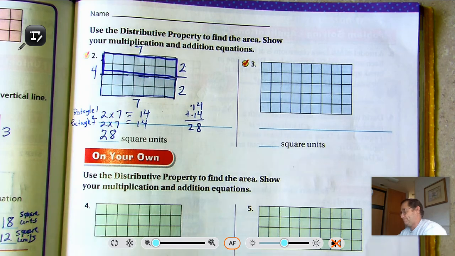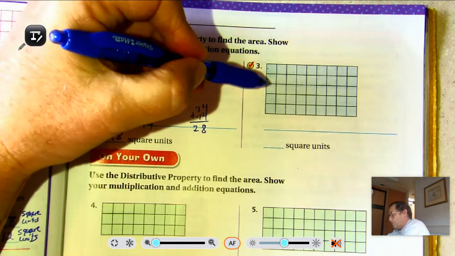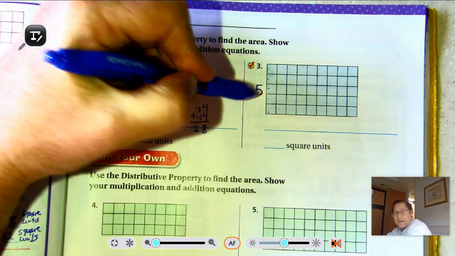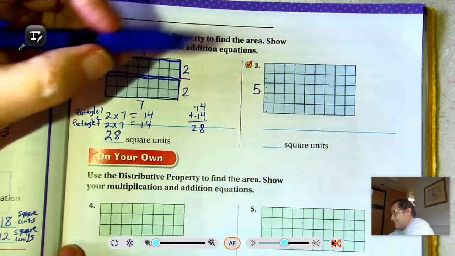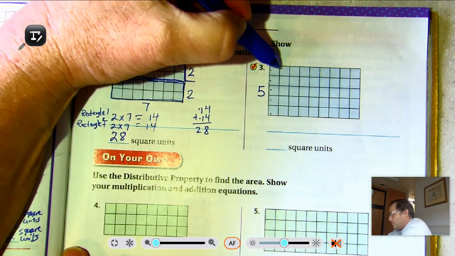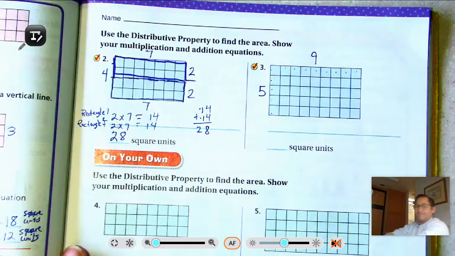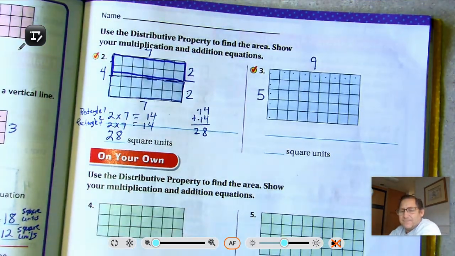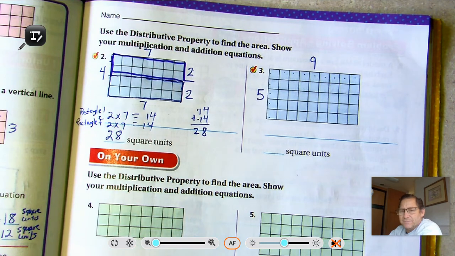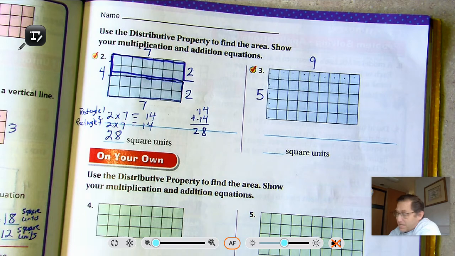Number 3. 1, 2, 3, 4, 5. I like multiplying by 5. Easy. 1, 2, 3, 4, 5, 6, 7, 8, 9. Well, maybe I don't like to multiply by 9. I do, but let's say I don't.